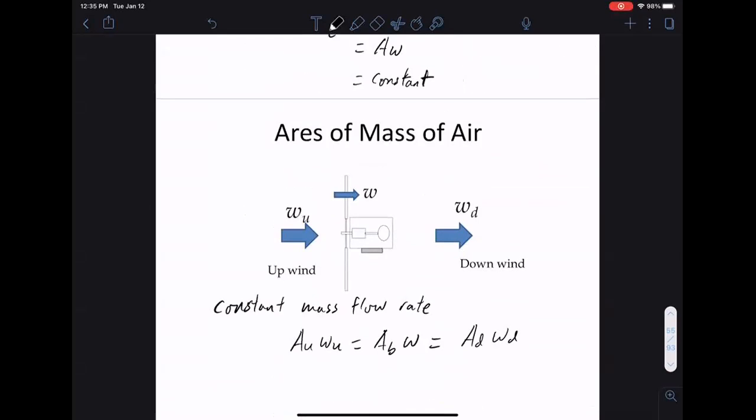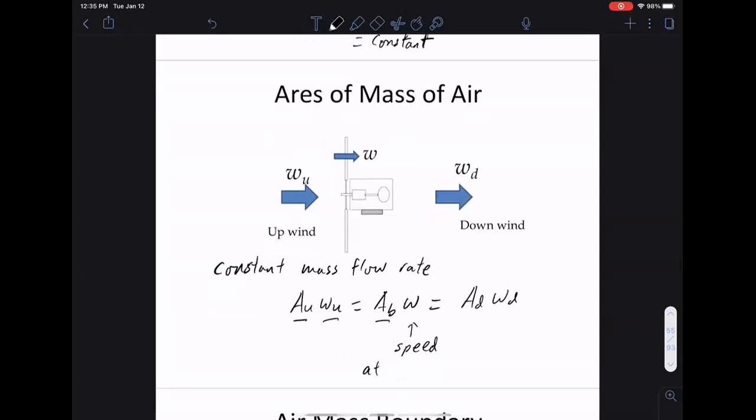If you look at the area upstream times the speed upstream, this is equal to the area of the blade times the speed at the turbine or at the blades, which is equal to the area times speed downstream. So all these are conserved quantities. These are equations we'll use to understand how much wind we can extract in the blade.